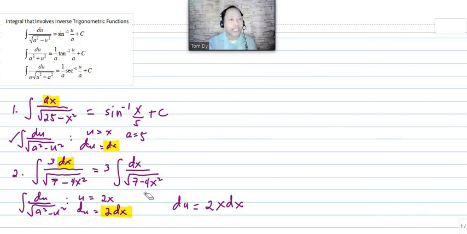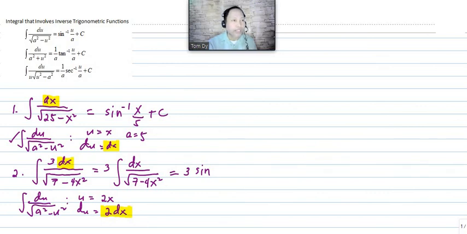For that case, since our du satisfies this formula, of course we will apply this formula. So, that is now equivalent to, we have here 3, and this is supposed to be arcsine of u over a. So we will copy that one, arcsine of u. By the way, we have here 2, so I will write it, sorry for that. Okay.